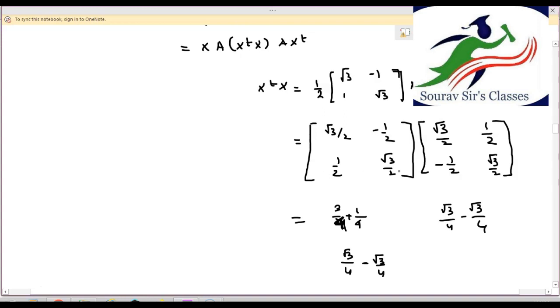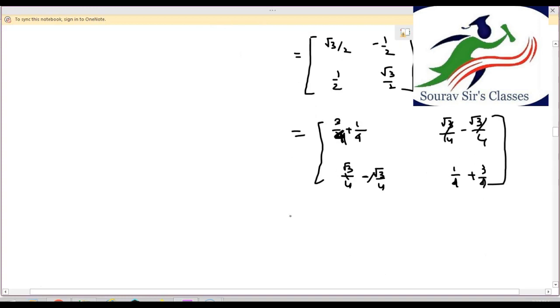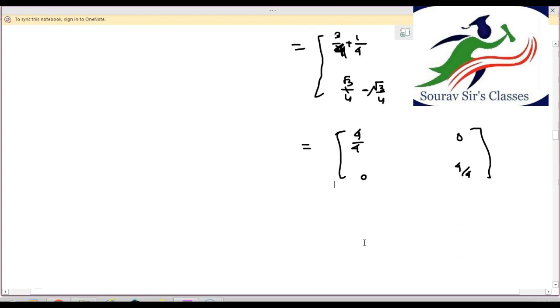And if I multiply this row with this column, I will get 1/4 plus 3/4, so it will become 4/4, which is 1. So it will be our 2×2 identity matrix. So X transpose X is nothing but I 2×2.